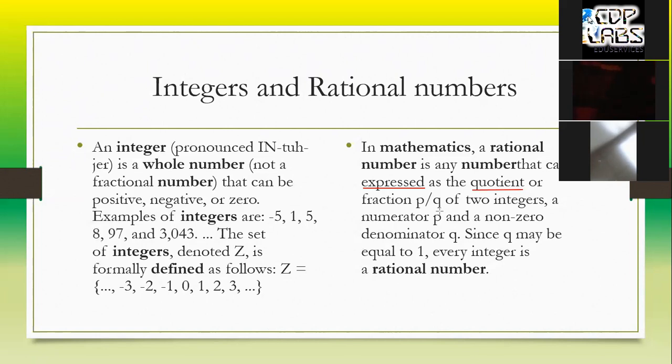It can't be counted. So if you get a result that says something divided by zero, the answer is either infinite or undefined. Examples of rational numbers are fractional numbers. Is that clear?